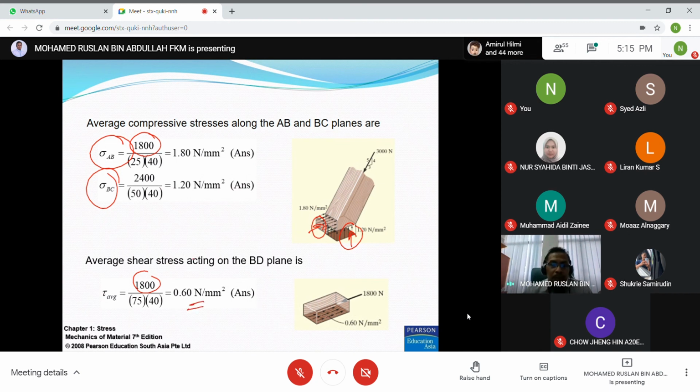So this is the answer, equal to 0.6 megapascal. That's all.